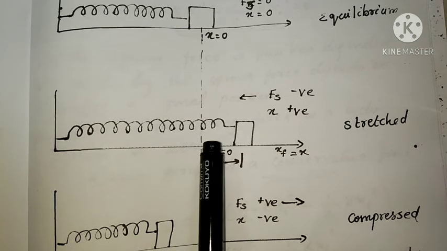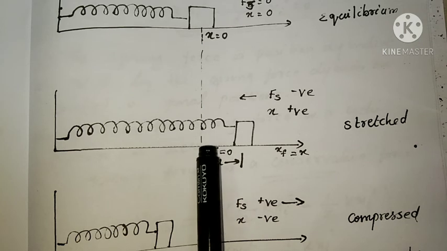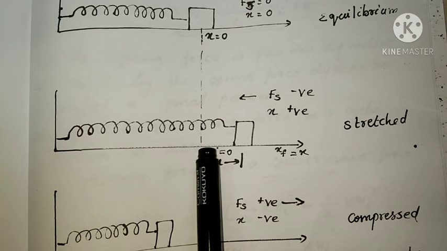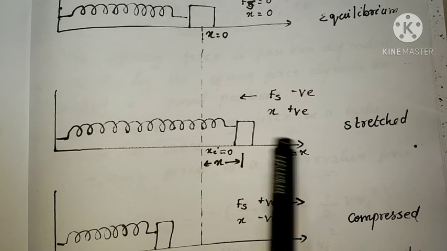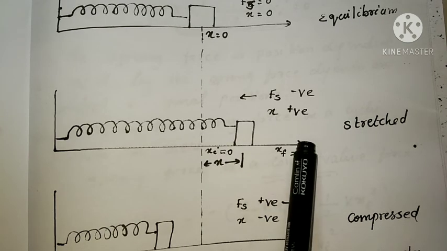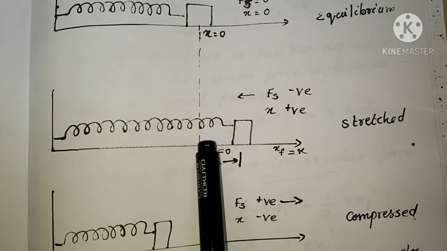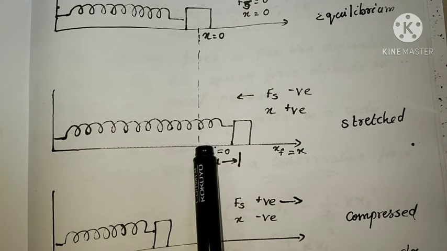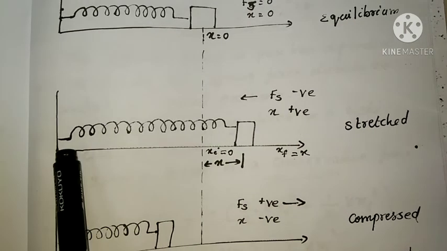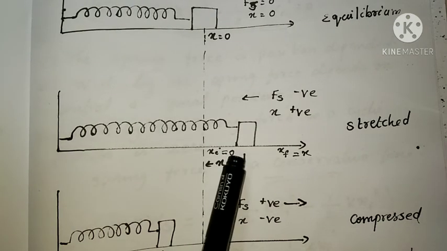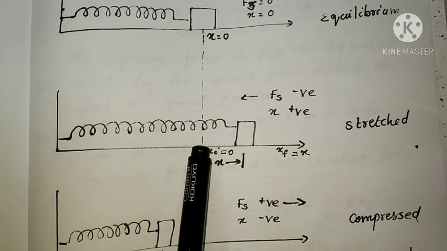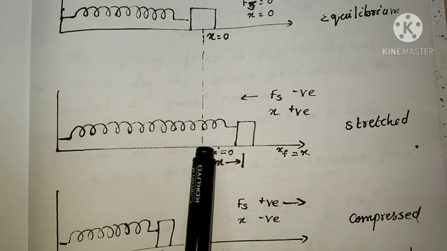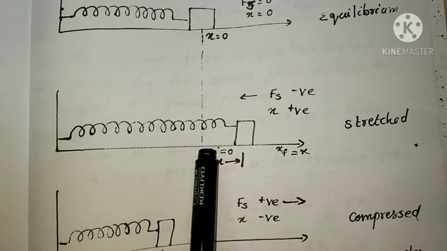So what happens here? When the spring moves from the equilibrium position to the extreme position, kinetic energy is changed into potential energy, then potential energy is changed into kinetic energy. Then when it moves through the next extreme position, kinetic energy is changed into potential energy, then potential energy is changed into kinetic energy when it reaches the equilibrium position.